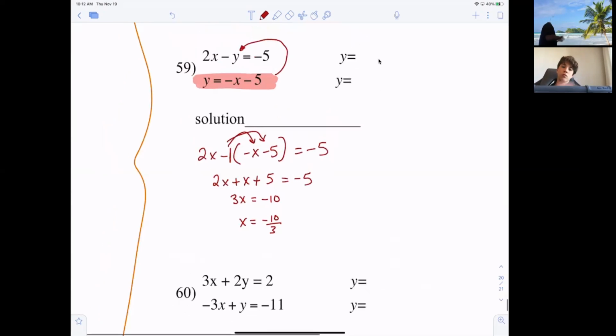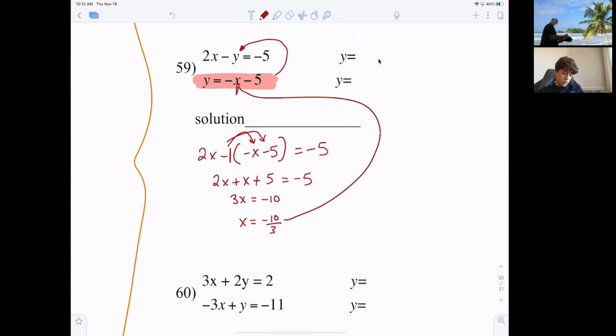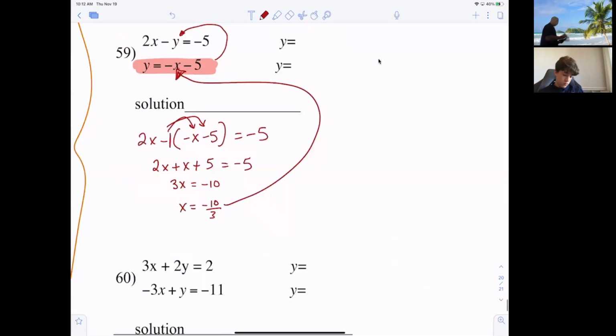Okay, so now, easy, plug it in right here. So now I have y equals negative parentheses, -10 minus 5. So y is 10 minus 5. So everybody can use their calculator on that if you need to. All right.